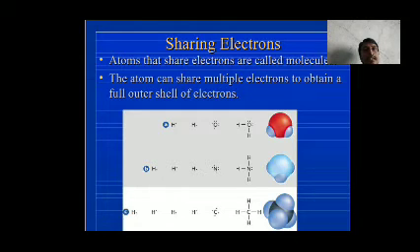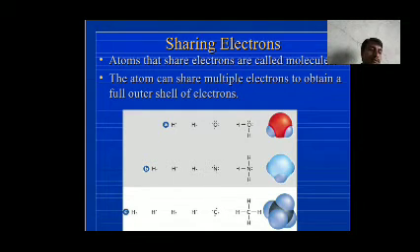Oxygen has two unpaired electrons in its valence shell. Those unpaired electrons are mutually shared with two hydrogen atoms to form a stable water molecule. Nitrogen has three unpaired electrons in its valence shell. Those three unpaired electrons are shared with three hydrogen atoms to form ammonia, NH3.